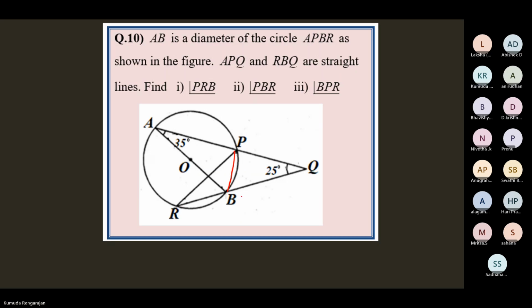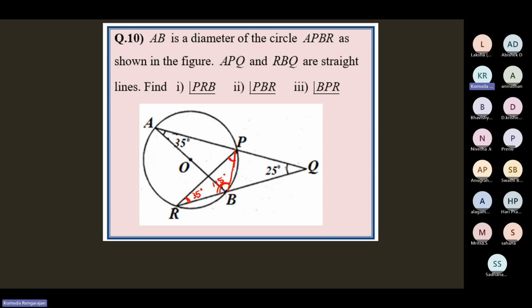Next we have to find BPR. BPR, this angle. We just found this is 115, and we already know this angle is 35. We found it earlier, 35.